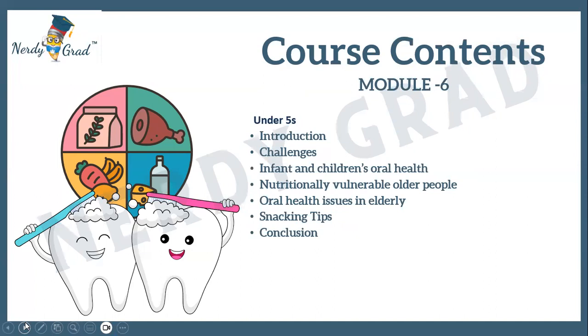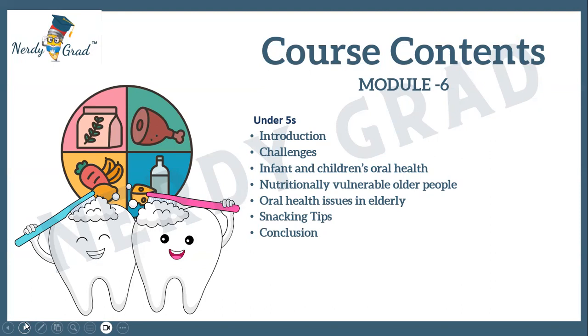Now, module 6. Module 6 will be talking about the age group who are predominantly affected with dental problems, focusing on under 5s and the older people who have prominent issues with dental maintenance, good health maintenance. So, what are the challenges that they face?